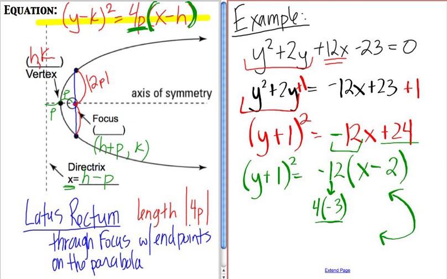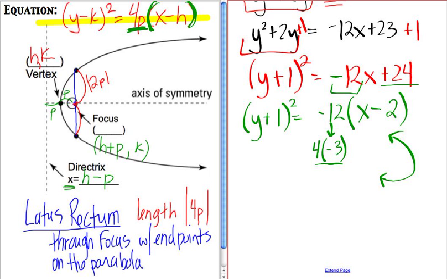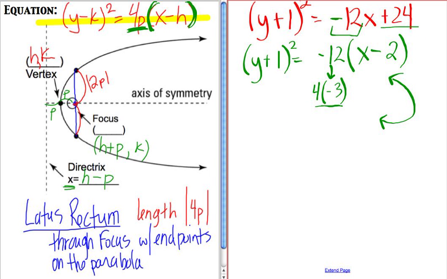So if I were to now graph this, I have everything I need to graph it. My center, or my vertex in this case, would be at 2, negative 1, so over 2, down 1. That's my vertex.